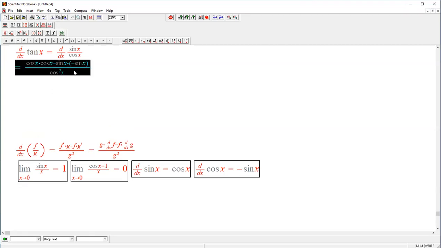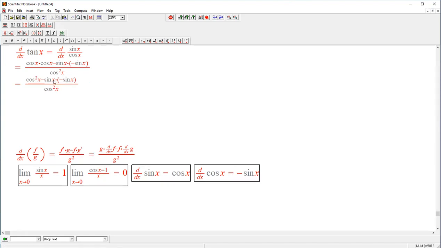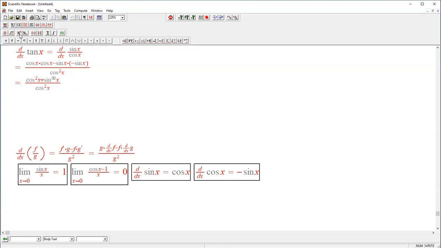Now, simplify. Cosine x times cosine x is cosine squared x. Negative sine x times negative sine x is plus sine squared x. And sine squared x plus cosine squared x is equal to 1.